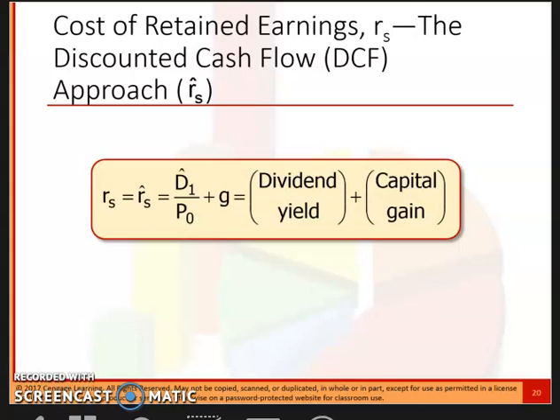I want to point out a few things here. This is the dividend yield, the expected dividend in the coming year, or D1, divided by the current market price, and then the capital gains yield is equal to the growth rate.